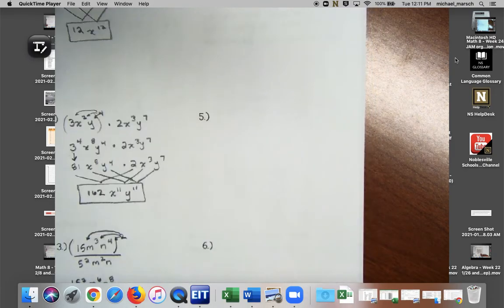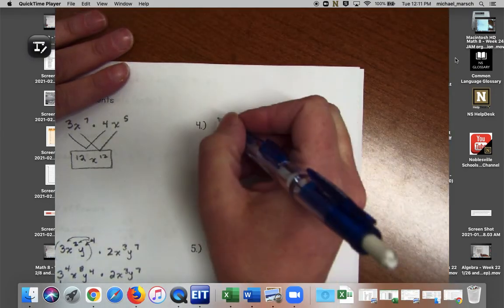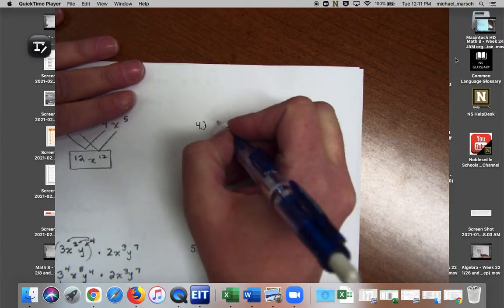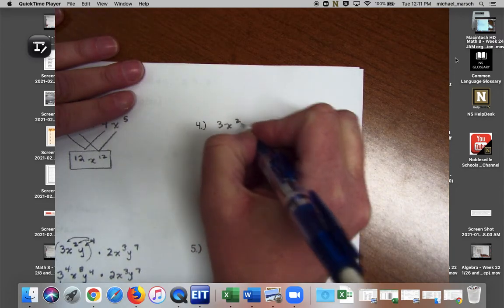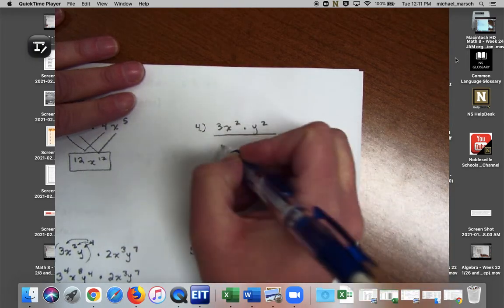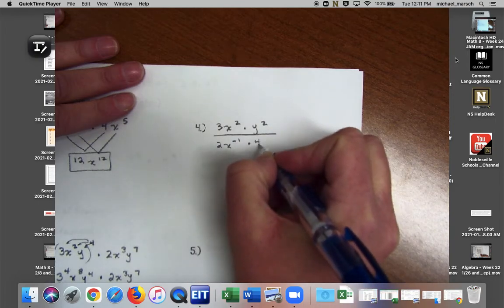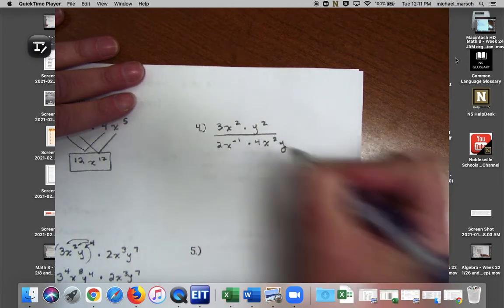Okay, a couple more examples. We might not get to number 6, and that's okay. We've got 3x squared times y squared over 2x to the negative 1 times 4x squared y.